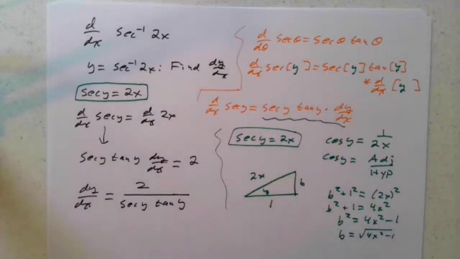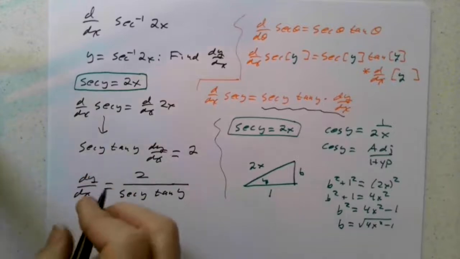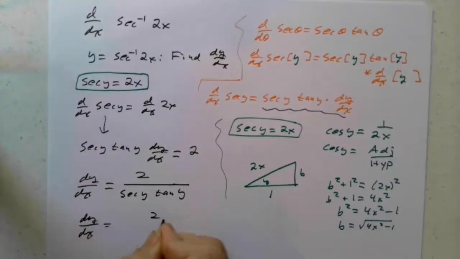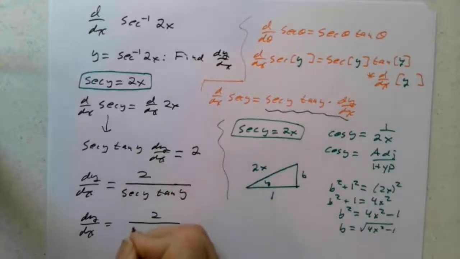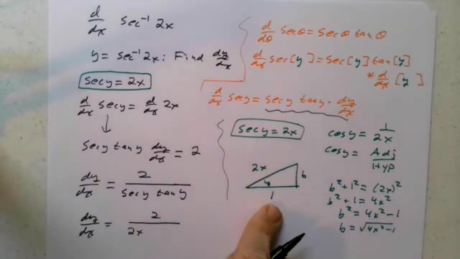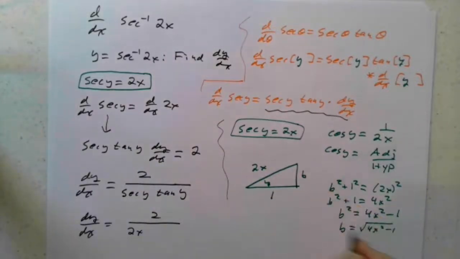So I can go ahead and make that substitution into dy/dx, which is my derivative of inverse secant of 2x. Secant y is 2x, fine. But I could also get it from hypotenuse over adjacent, which is the flip of adjacent over hypotenuse. Now, how about tangent y? Tangent y is opposite over adjacent.